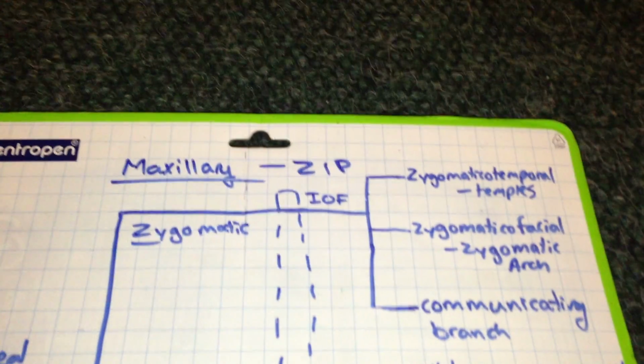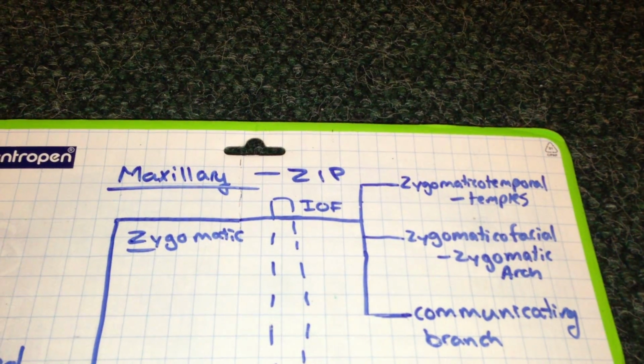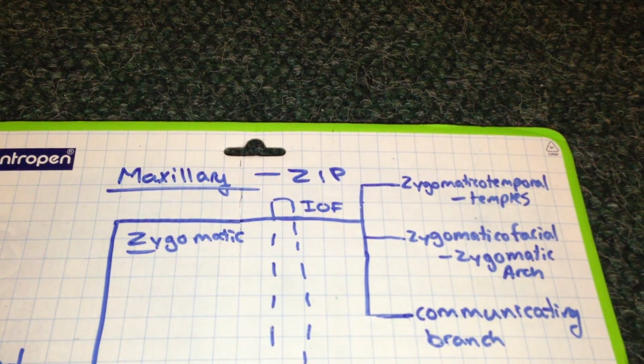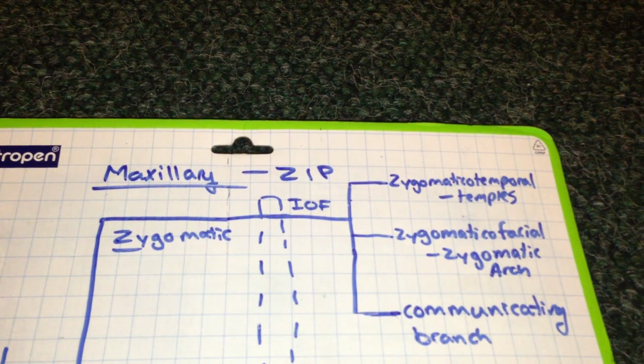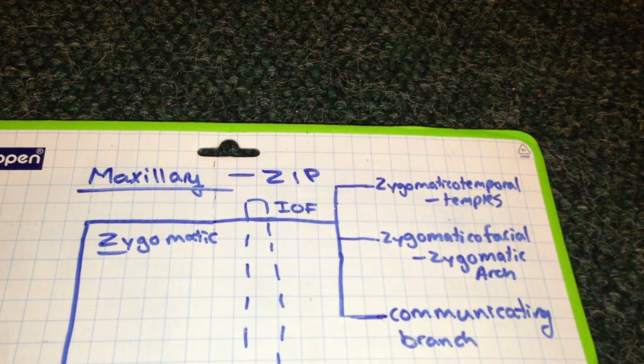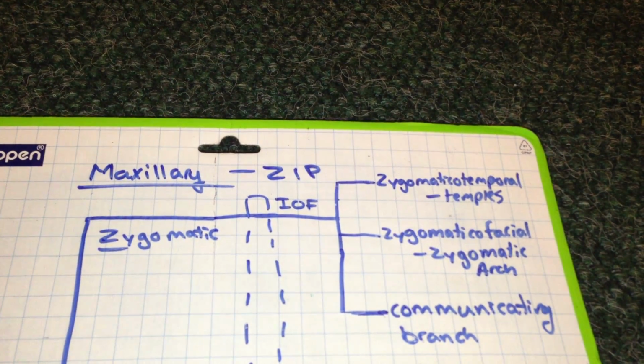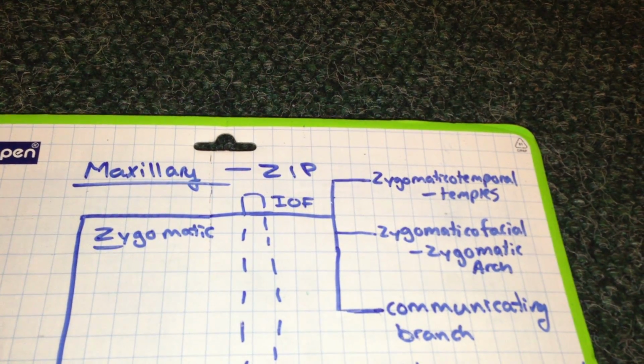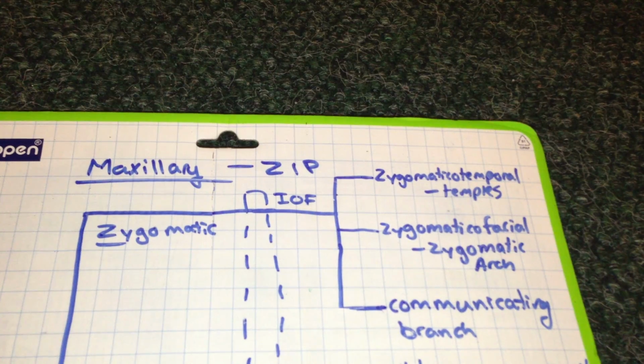Okay, and now the 2 branches that it's going to give off also are going to make sense. The first is the zygomatico-temporal. That's going to innervate your temples, okay? And once again, they are on the lateral part of your face.